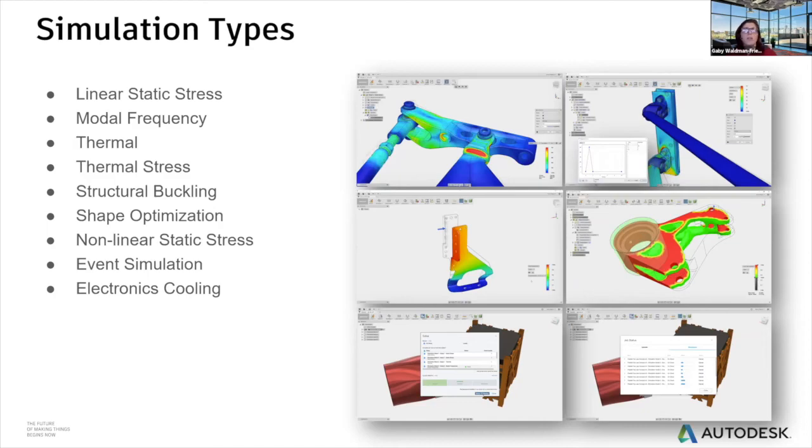Shape optimization, I'm going to spend a little bit of time on a little later, but basically it is this picture here on the middle right. What it does is you put in an existing part that you want to analyze, and you put the loads on it, and it'll spit out an optimized version of your part that has less material.